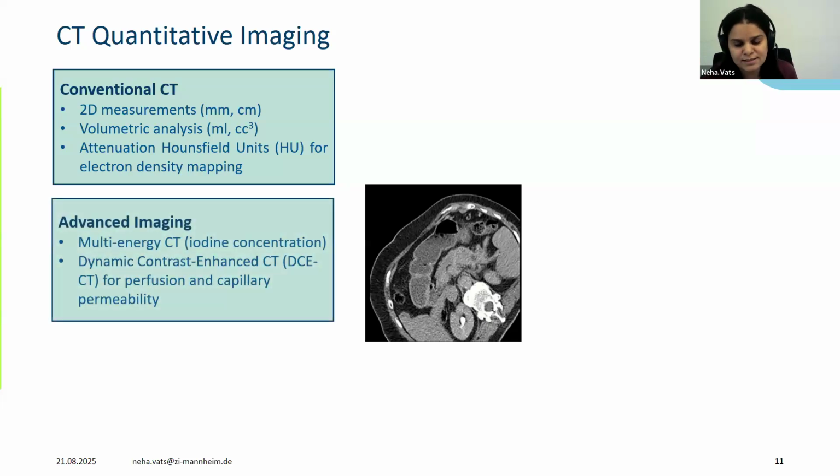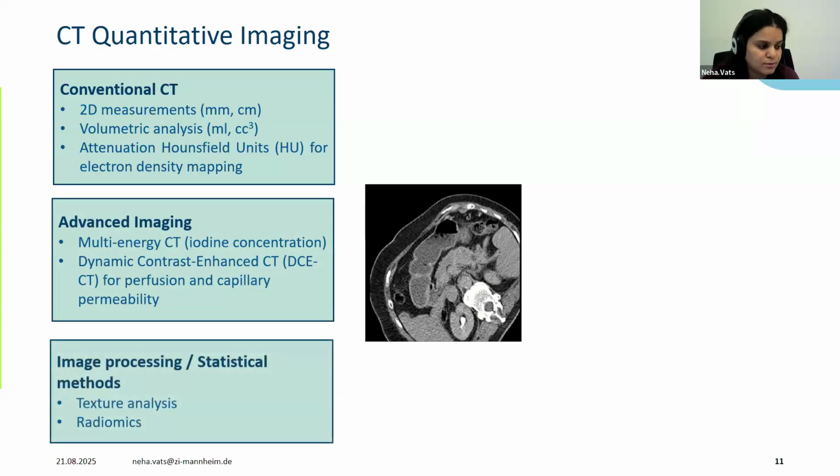Then come some advanced CT imaging techniques, such as multi-energy CT, where you can measure the iodine concentration in a particular region, or dynamic contrast enhanced CT for perfusion and capillary permeability measurements.